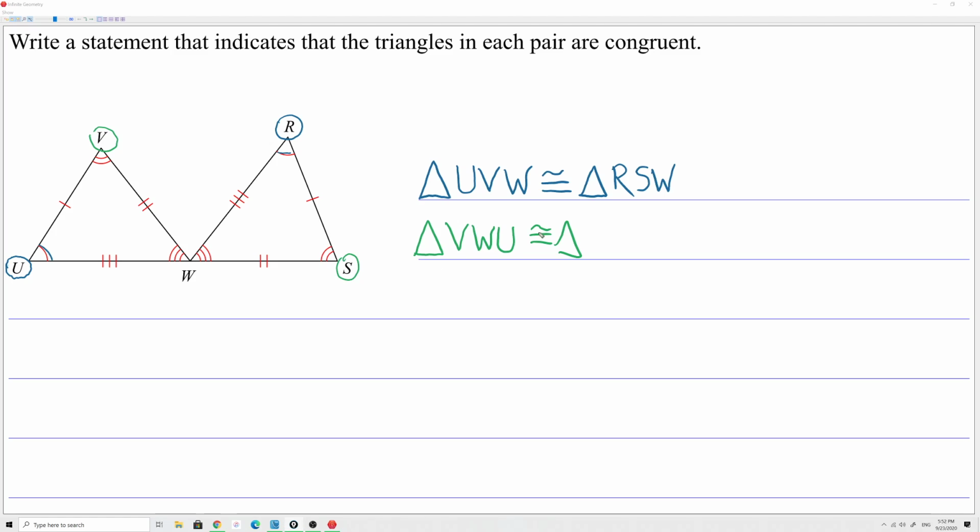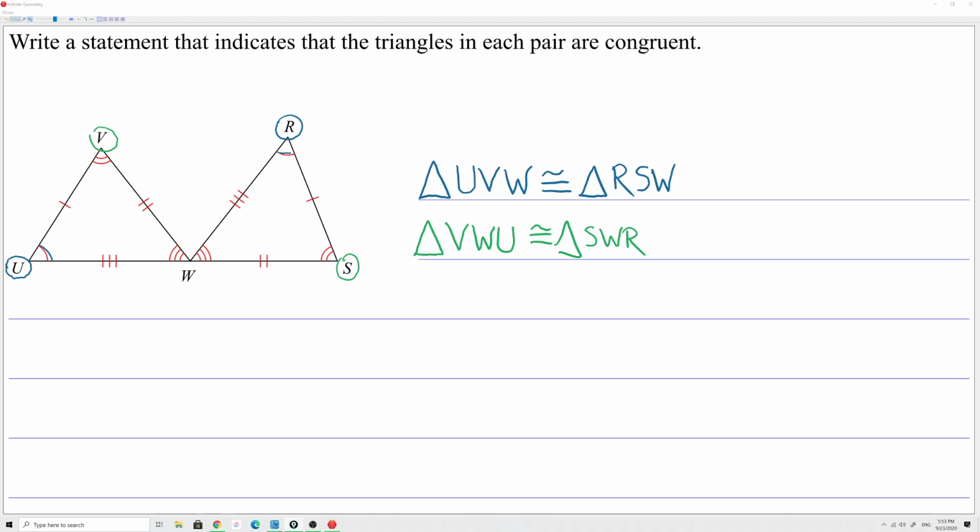Angle S has 2 marks. So we'd have to start with S. Then we'd go W, and then finally R. So it doesn't matter how you write the first triangle, but you do have to make sure that the second triangle is in the same order with its corresponding parts.